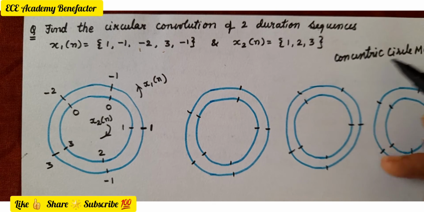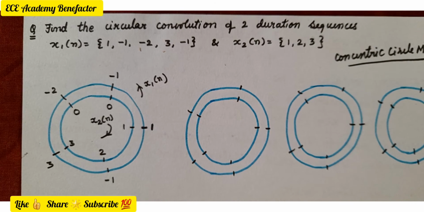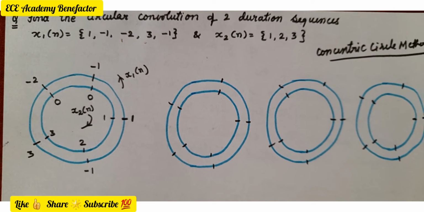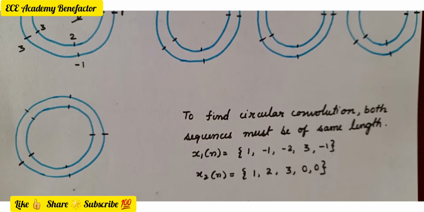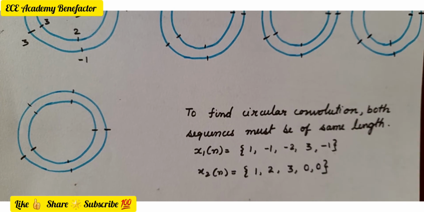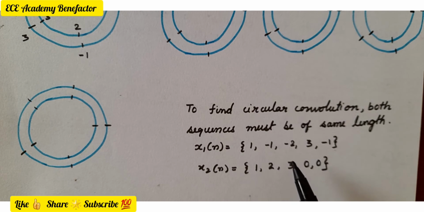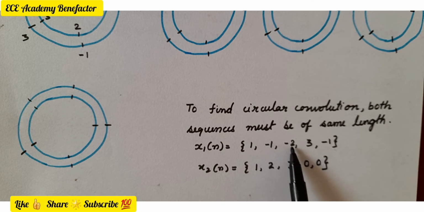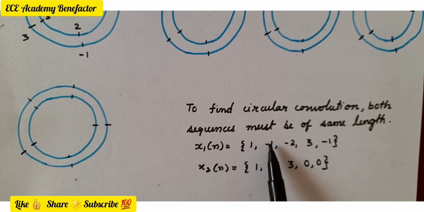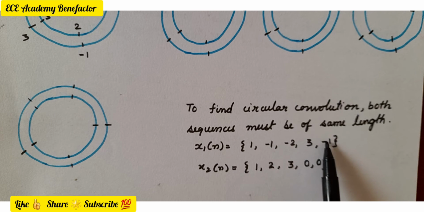Concentric circle method. The basic requirement for doing circular convolution is that both the sequences must be of the same length. The first sequence x1 of n is 1, -1, -2, 3, -1. Its length is 5.